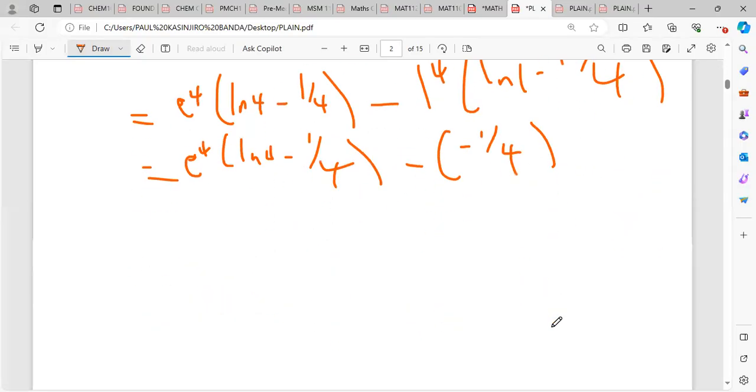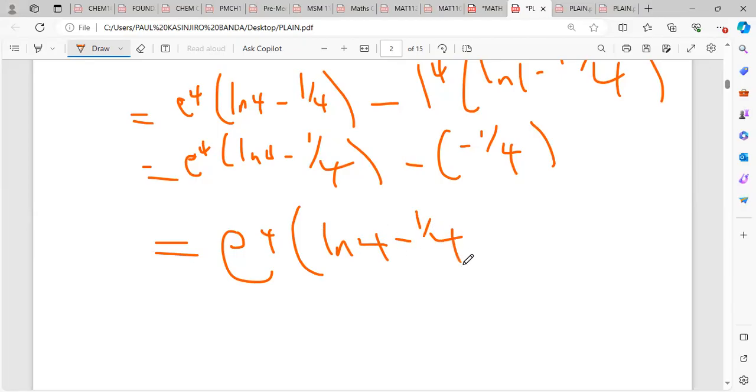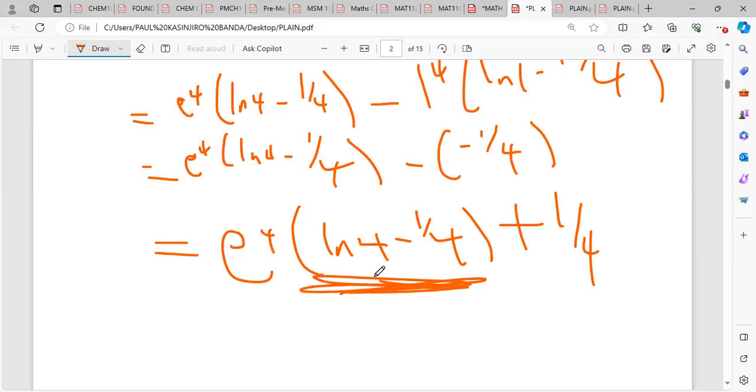Continuing the answer, we're going to get e to the power 4, in brackets we have ln 4 minus 1 over 4, then outside we have plus 1 over 4. So this here will simply be our answer.